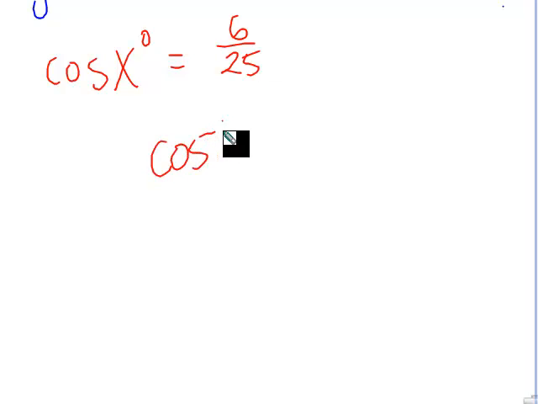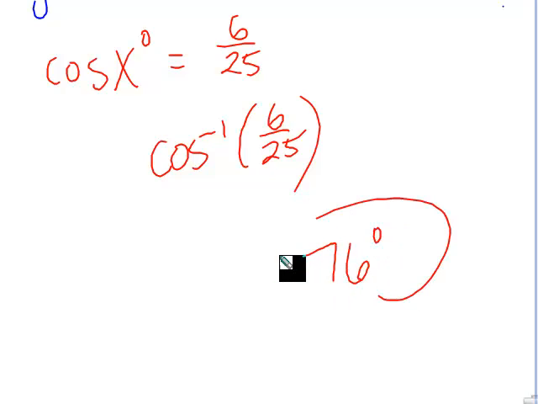Okay, so cosine to the negative 1 of 6 over 25. Yeah, let's go to the nearest degree. Yeah, so 76 degrees would be the angle of elevation. All right, so that's just taking the knowledge of sine, cosine, and tangent and applying it to actual problems. All right, is this okay? Yeah. All right.